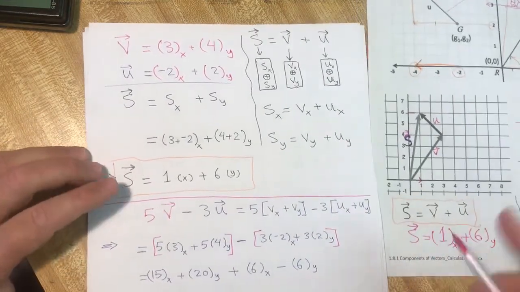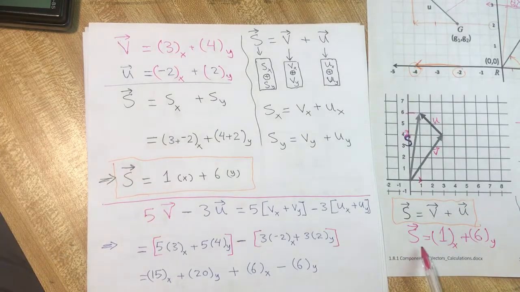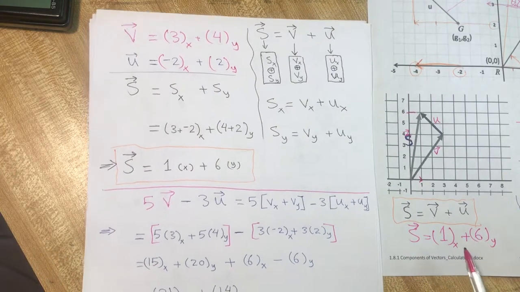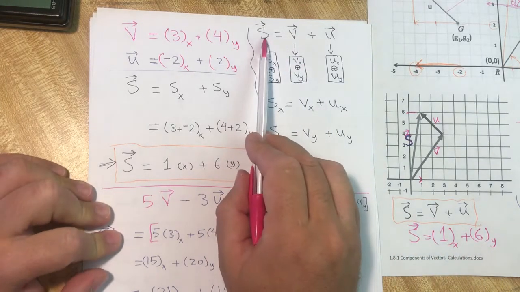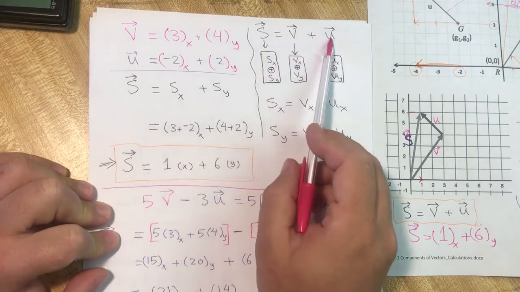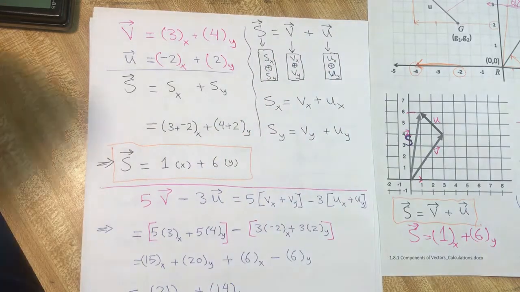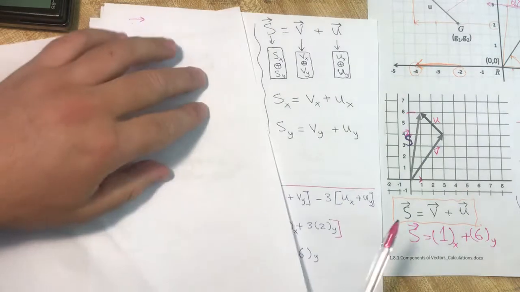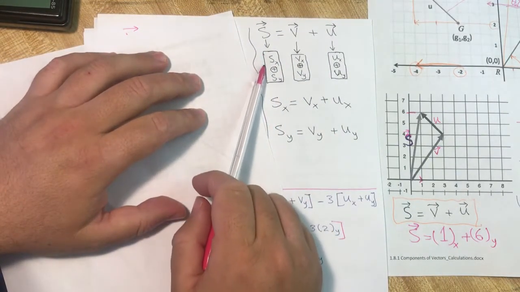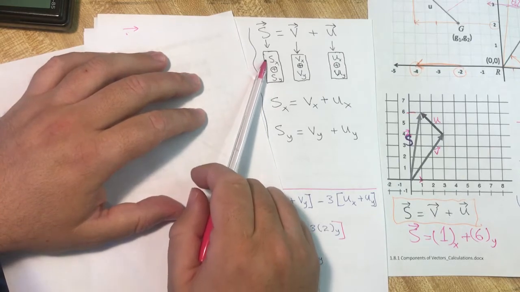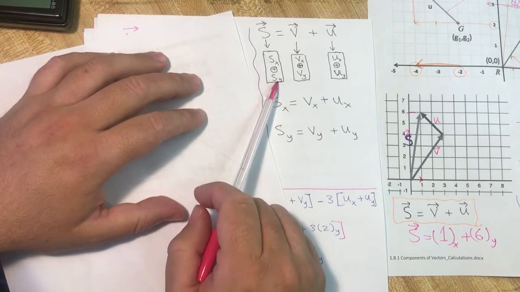From the graph, we found that S is equal to 1 in x direction plus 6 in y direction. It is easy to find that because S is equal to V plus U, and S is composed of 2 components, Sx plus Sy.